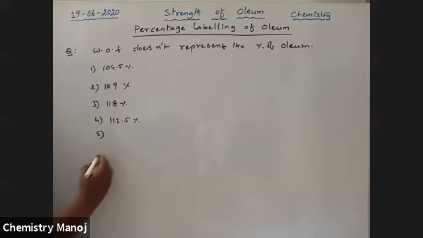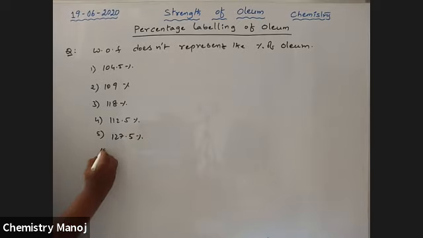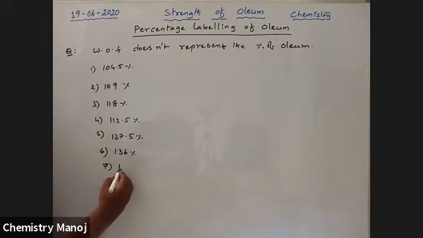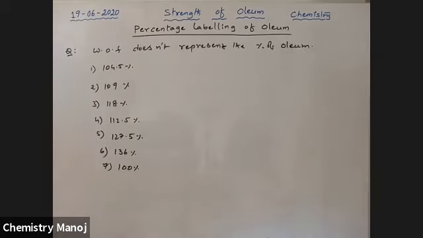Fifth, 127.5%. Sixth, 136%. Seventh, 100%. Tell me, 1, 2, 3, 4 up to 7. Which is possible, which is not possible?